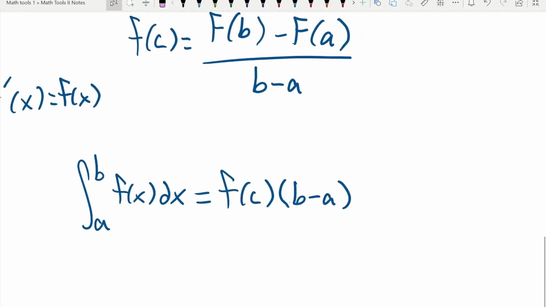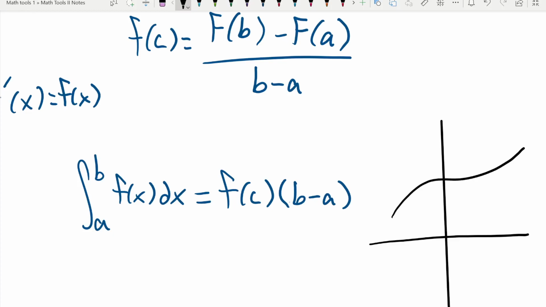So if we just think about a picture of this real quick, think about any function f going from a to b. Let's say that this has endpoints a and b. Then when we're integrating, we're finding the area underneath here.